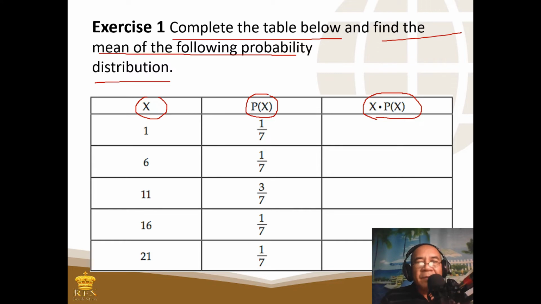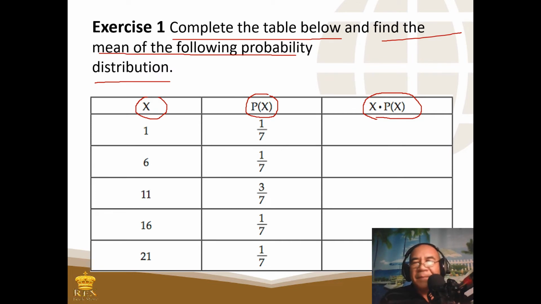The variable x is 1, 6, 11, 16, 21, and P of x is 1 over 7, 1 over 7, 3 over 7, 1 over 7, and 1 over 7. You can pause this video and solve the problem.